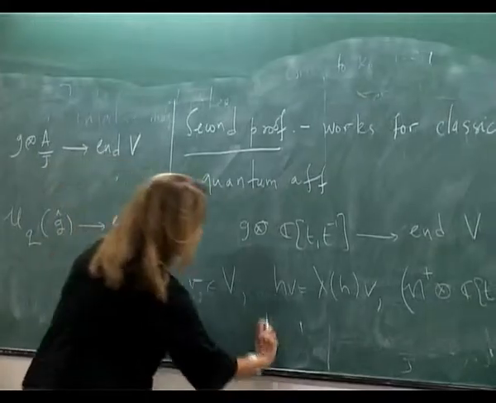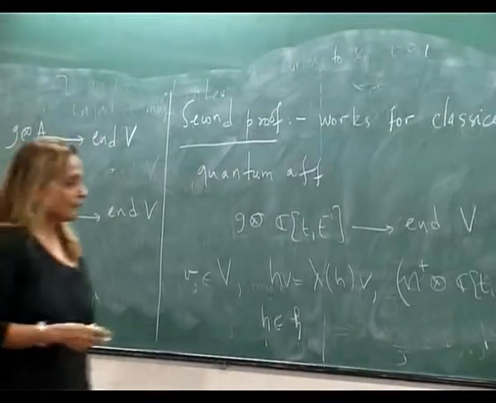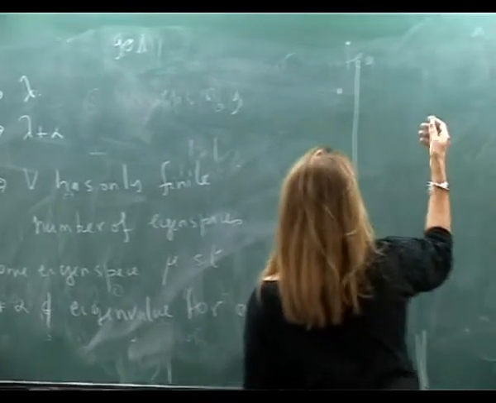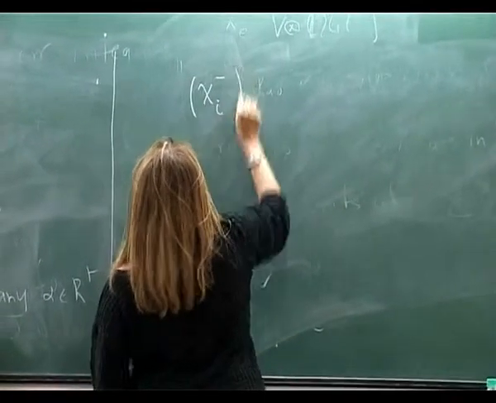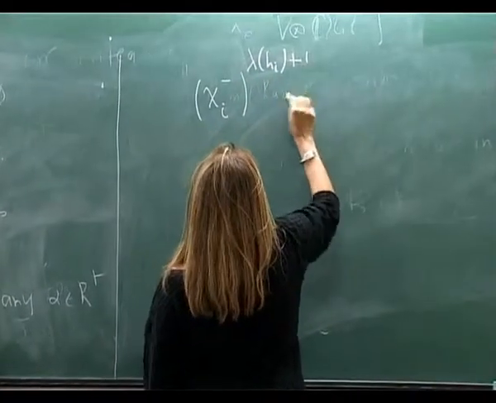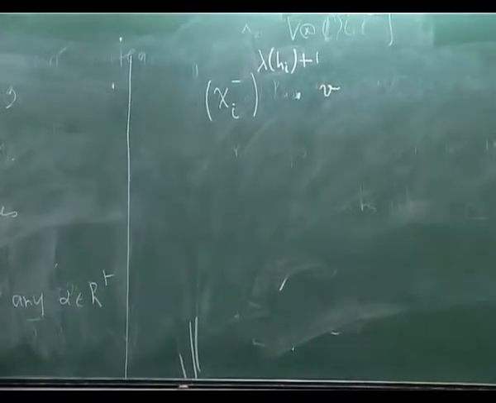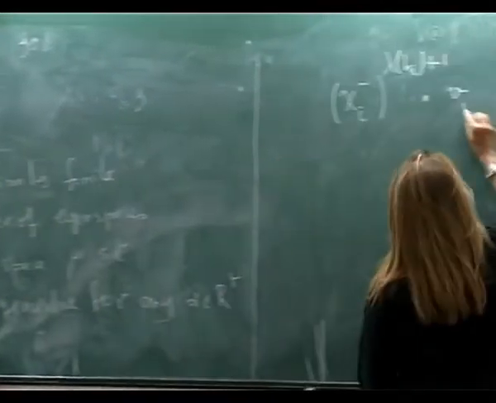So this is H in H. And of course, I have the obvious relation, and since it's finite dimensional, from SL2 theory, I have the relation that x_i minus raised to lambda(h_i) plus 1 on V, let me call this V lambda because I'm bound to stick in the V lambda at some point, V lambda equal to 0.